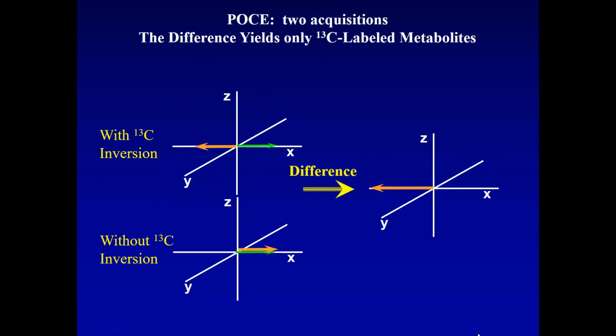If we take the two acquisitions, the one without the carbon-13 inversion and the one with the carbon-13 inversion, we subtract them, the green vector, the uncoupled spins, disappear. They cancel. So any protons linked to carbon-12 are eliminated with the subtraction.